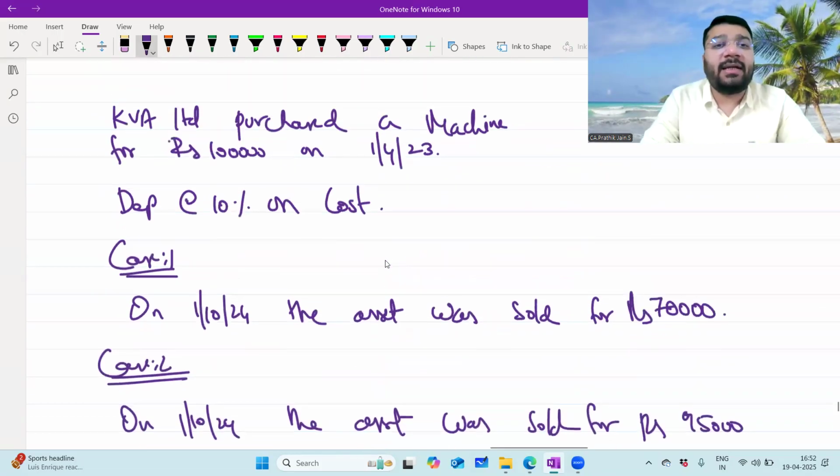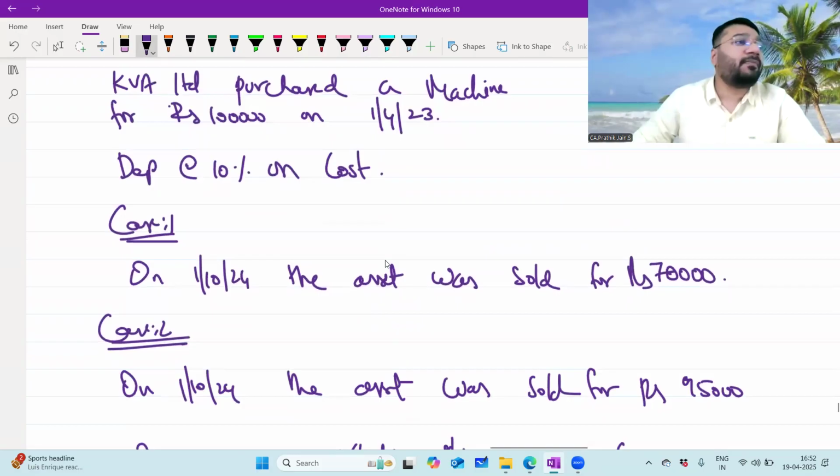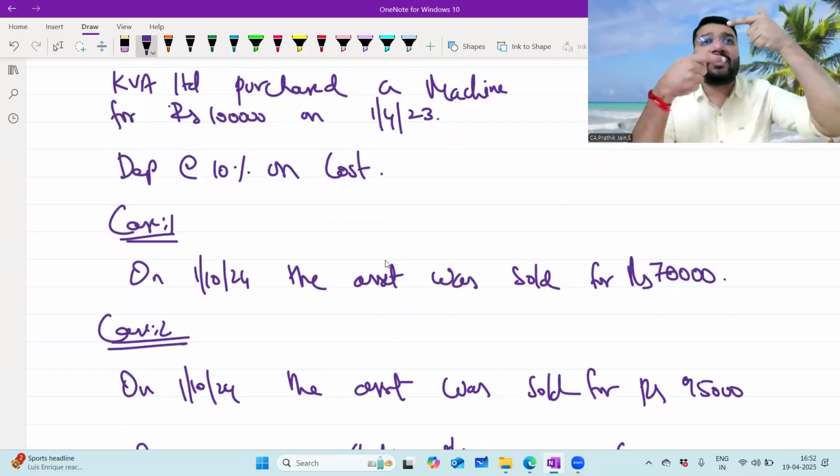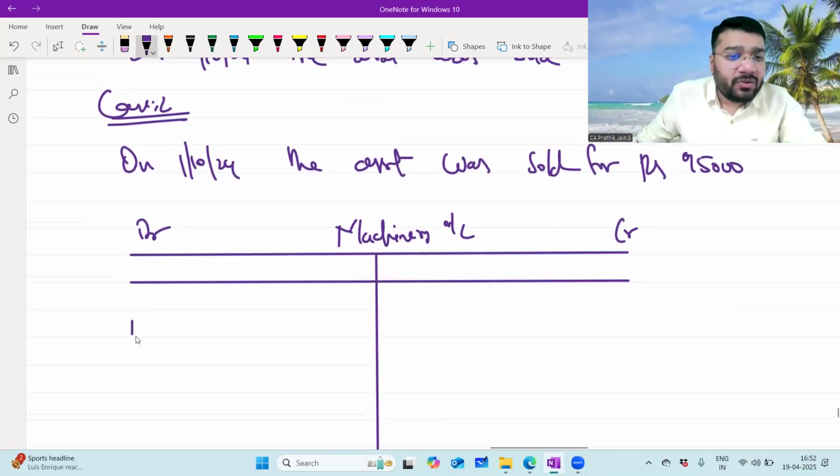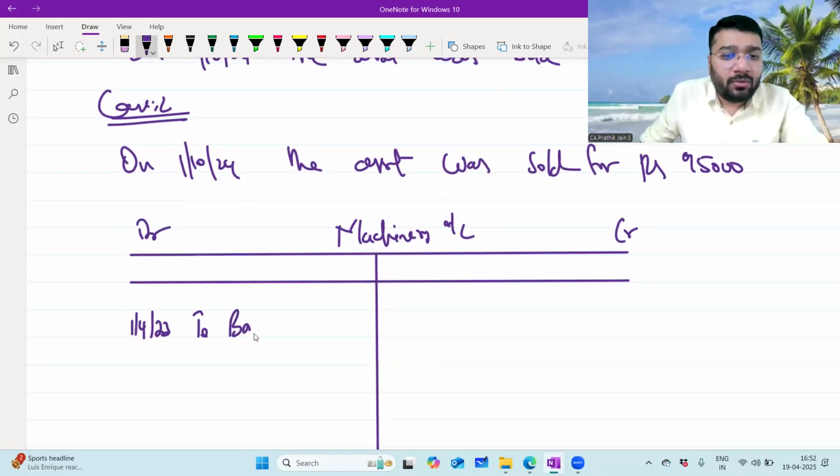Please tell me what is the journal entry for purchasing the asset machine? Machine account debit to bank. So in machine account, on 1/4/23, to bank 1 lakh rupees.